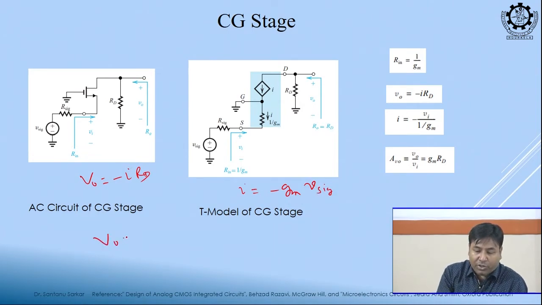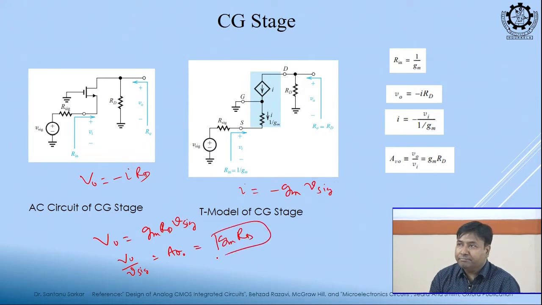So, this V0 will become Gm Rd Vsig. So, V0 by Vsig, which is my Av, is equal to Gm Rd. You see, this is similar to my common source.